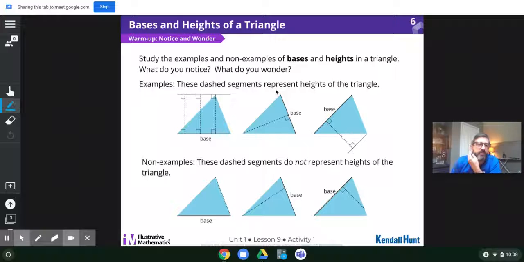Can you tell me what the vertex is again, anybody? Essentially, it is the corners of the triangle. So always look for the corner opposite of the base.